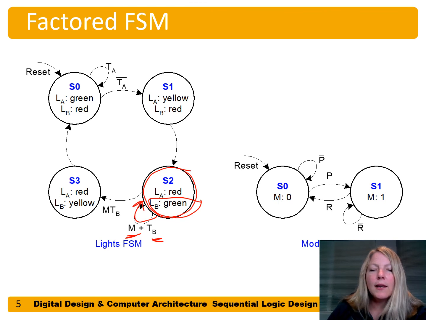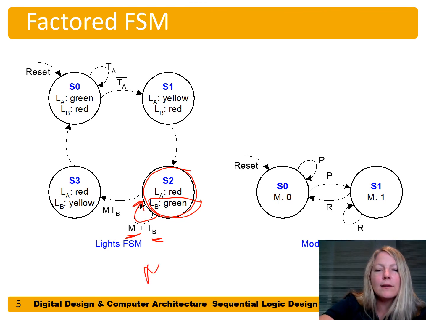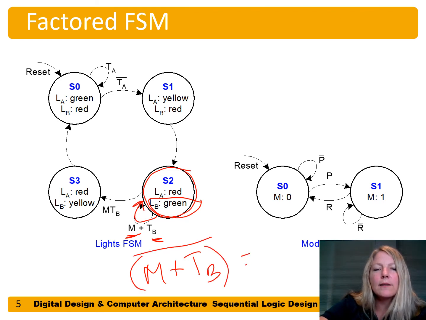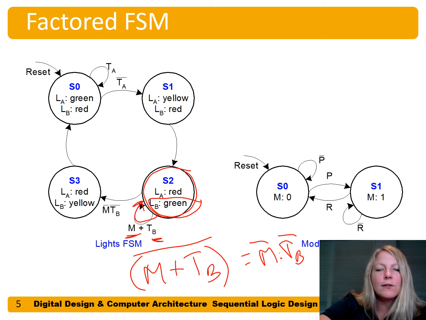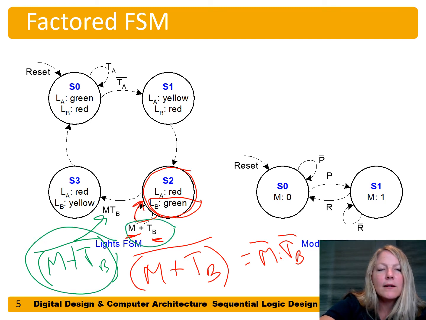And only in the opposite case, so let's notice this, we have M or TB, it's going to stay in S2. The opposite of that, using De Morgan's, is just M bar and TB bar, which is the case we have here. But it may be easier for you to write this as M or TB, all of it bar, so you can see, oh yep, I have covered all the cases. I have M or TB, and I have the opposite of that covered here.